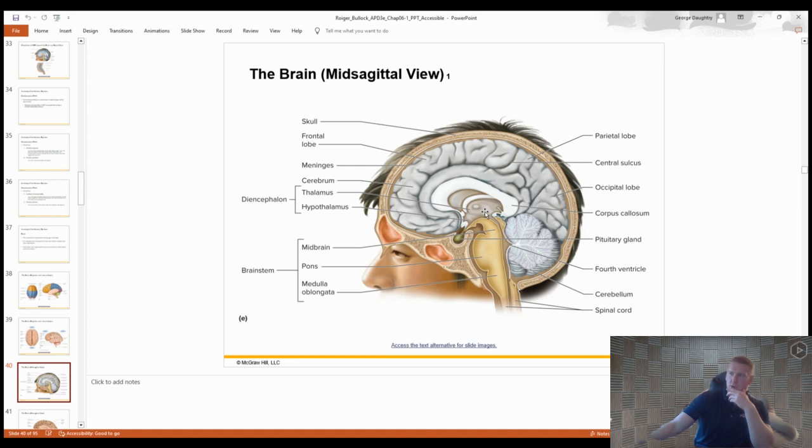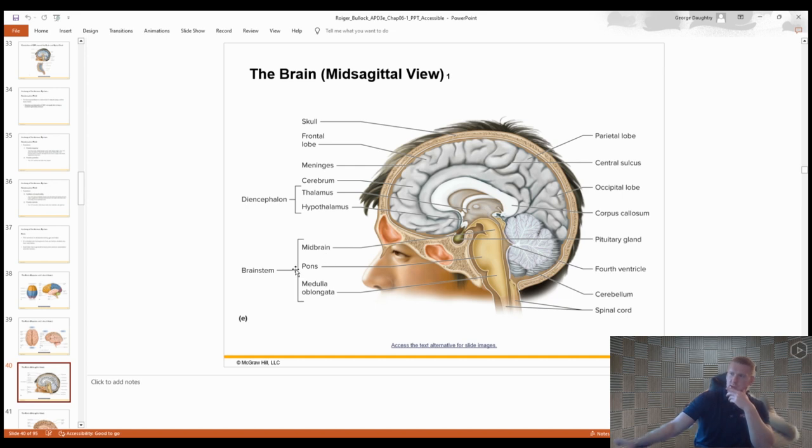And that is the posterior portion of the midbrain. This little circular region right here, that is our midbrain, okay? This little oyster looking shape right here, that is our corpus callosum, and that houses the majority of our midbrain. The diencephalon is where we have our thalamus and our hypothalamus, and that's right here on the posterior portion, right?